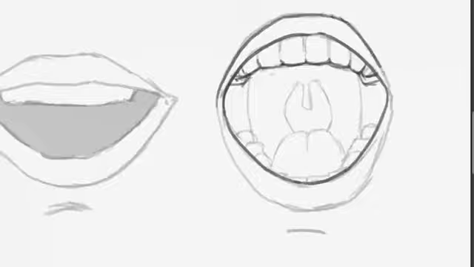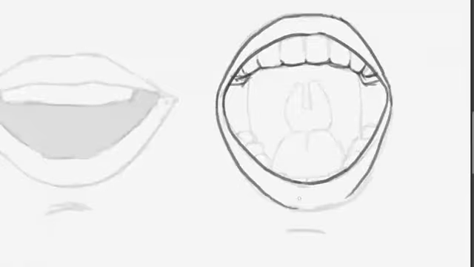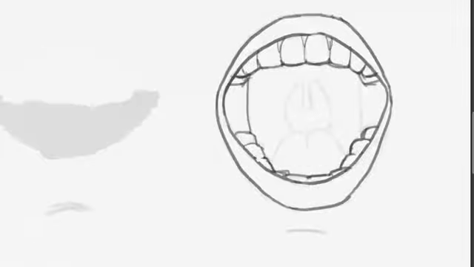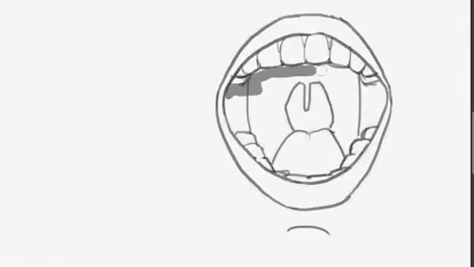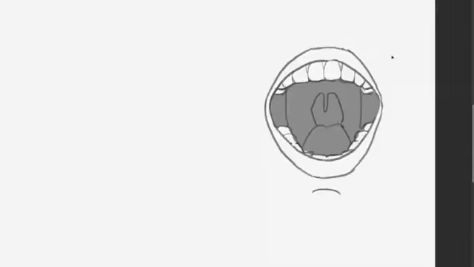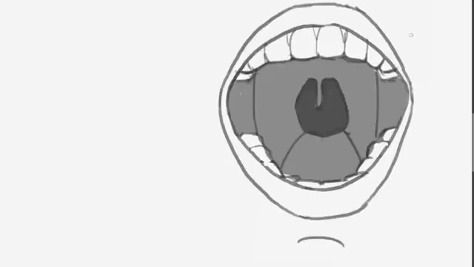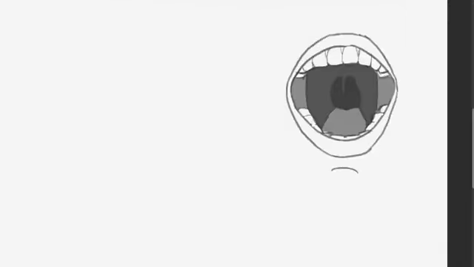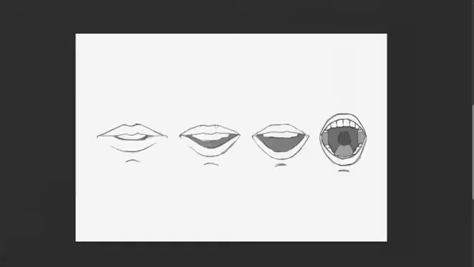Normally, the bottom row of teeth is only visible when the mouth is open really wide. Here you can also hint at the palate and tongue, but it is usually sufficient to represent the mouth interior as a continuous dark surface. Therefore, let's not go into too much detail here.